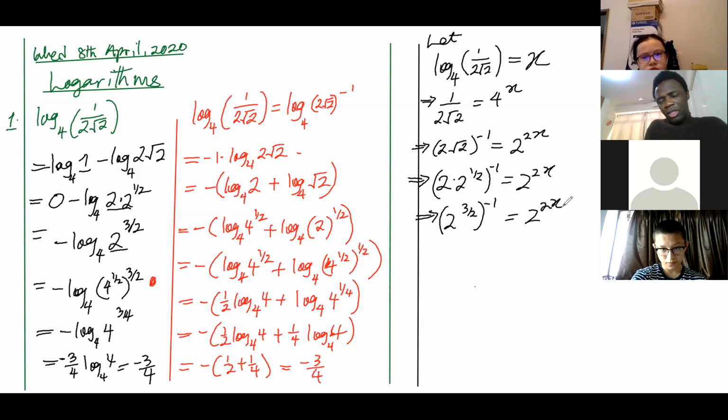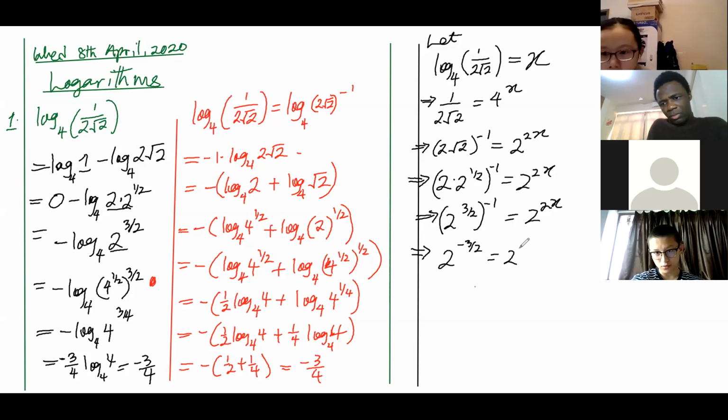Okay, so at this step, what did you do? And I multiplied the indices and I made it -3/2. Perfect. So it's -3/2 equals 2x.